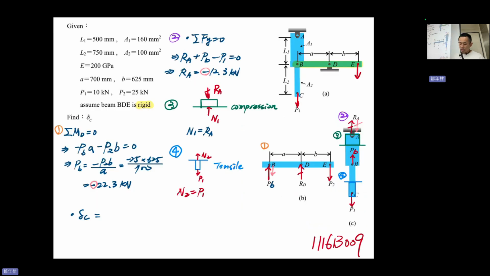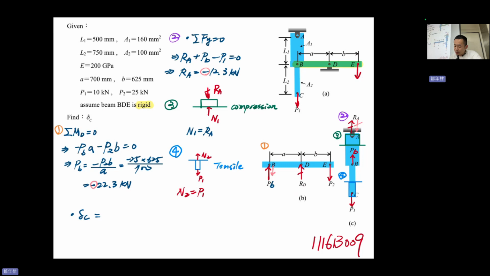Last week, we talked about this problem. There are two components in this system, and the yellow part is rigid, and we have two forces. The question is: what is delta C?